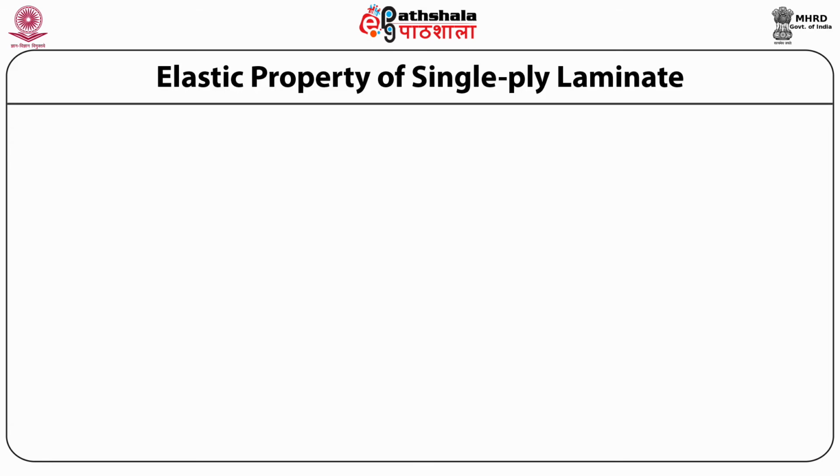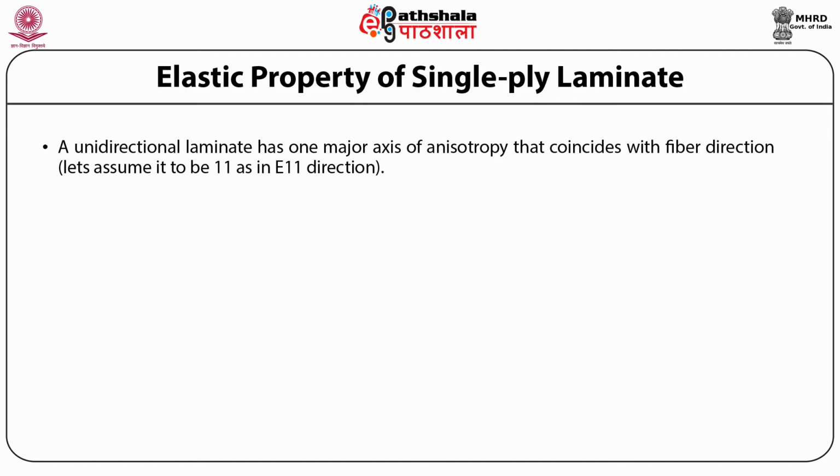Elastic properties of single ply laminate. Now we can assume a unidirectional laminate which has one major axis of anisotropy in that it coincides with the fiber direction. Let us assume it to be in the 1-1 direction, as in E11.